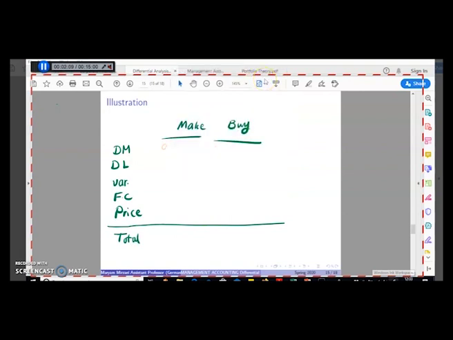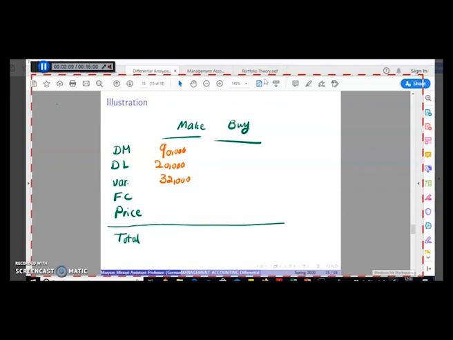Direct labor was 20,000, and the variable cost 32,000. I am starting with make scenario because it's easier, all the information is given. Then I will move on to the buy scenario.